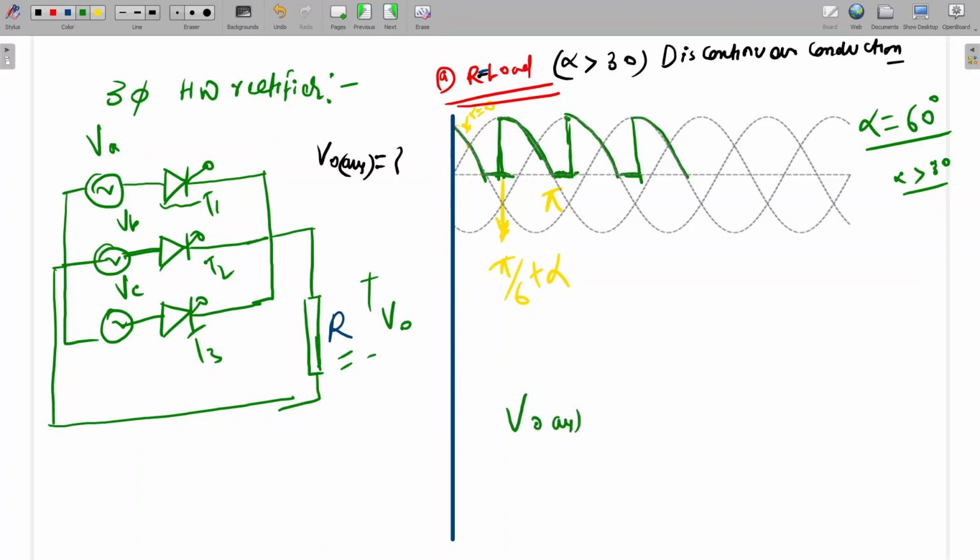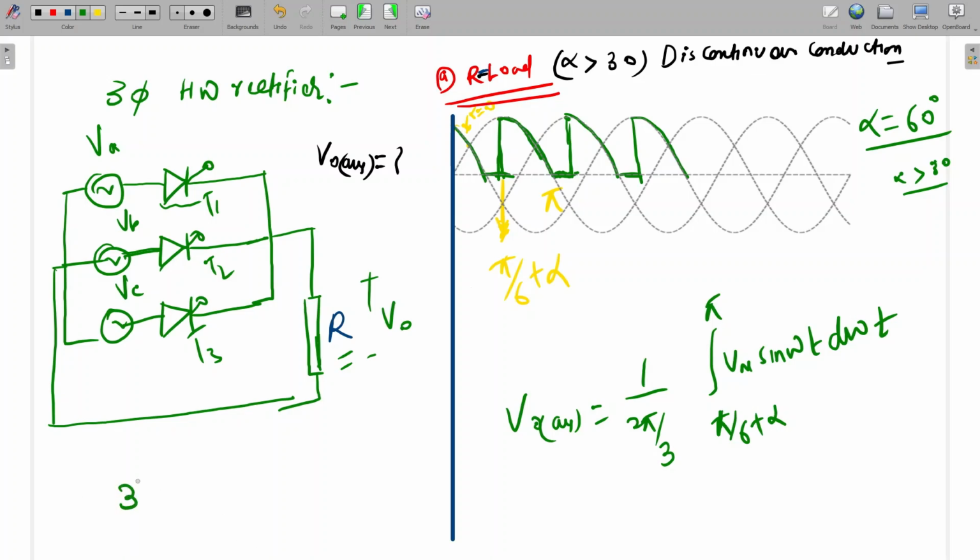VO average will be 1 by 2 pi by 3, integral from pi by 6 plus alpha to pi of Vm sin omega t d omega t. So it will be 3 Vm upon 2 pi, and it will be minus cos omega t from pi by 6 plus alpha to pi.